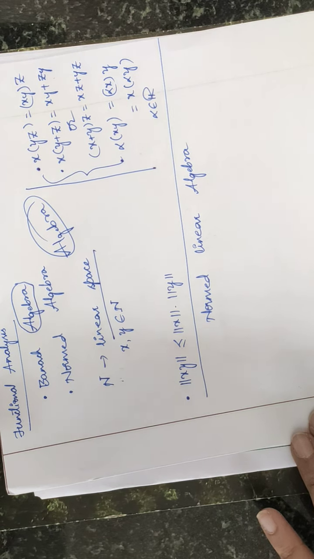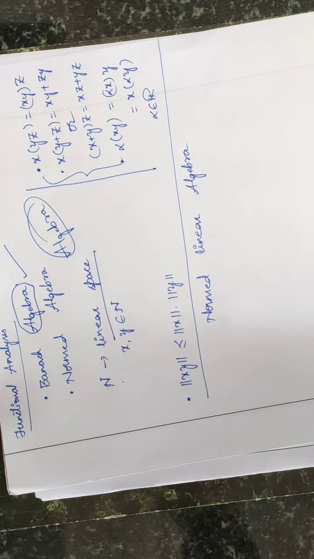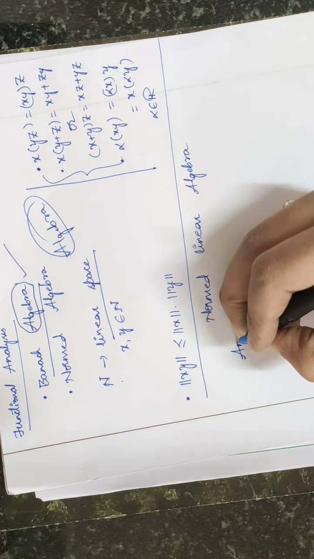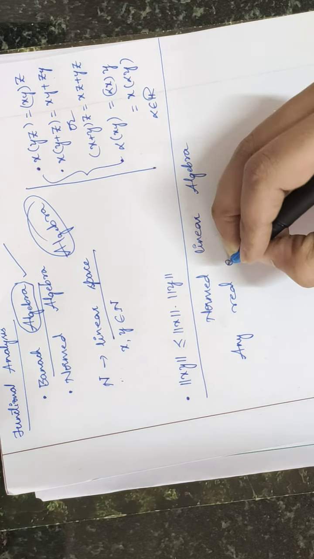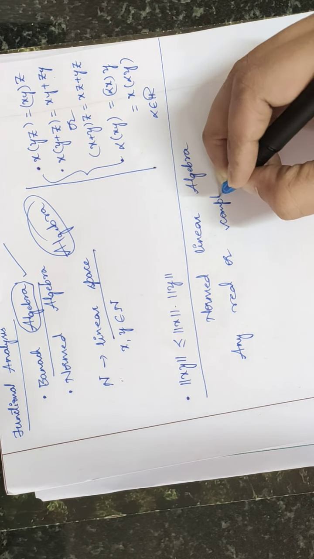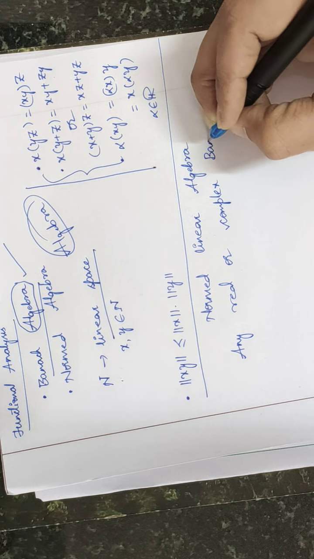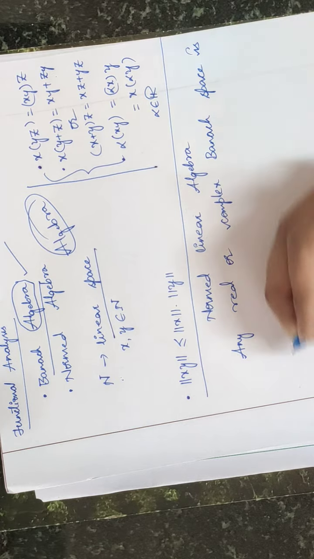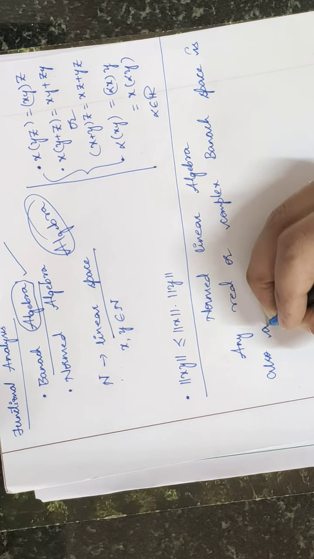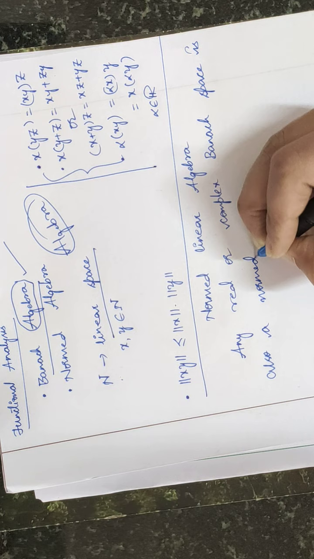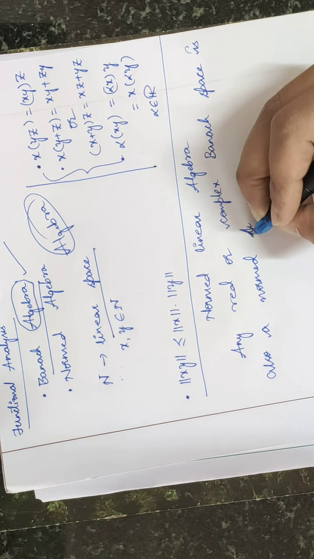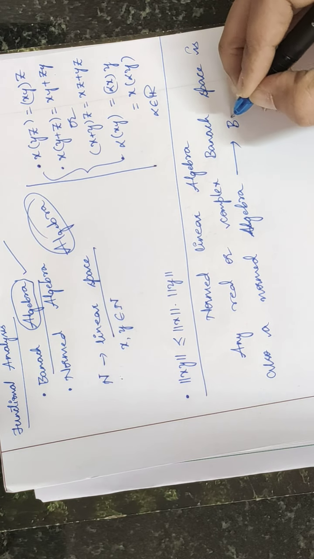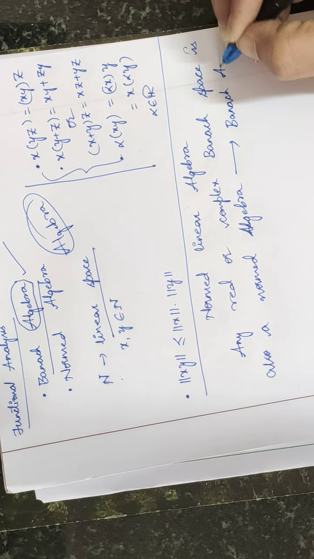One more definition we have seen is Banach algebra, right? How can we define our Banach algebra? Any real or complex Banach space which is also a normed algebra, then we can say that it is a Banach algebra.